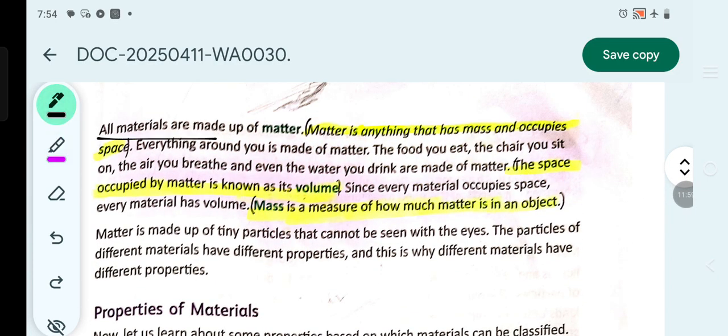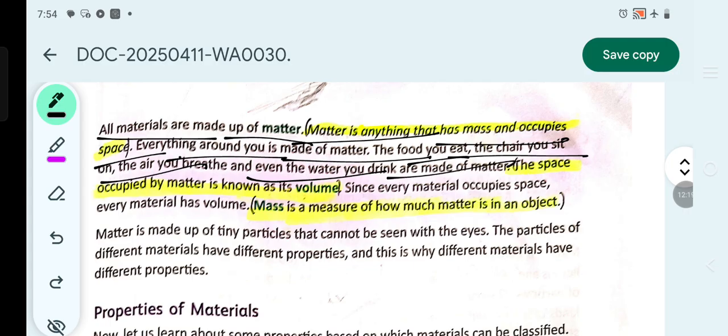All materials are made up of matter. Matter is anything that has mass and occupies space. Everything around you is made up of matter. The food you eat and the chair you sit on, the air you are breathing now, and even the water that you drink, each and everything is made up of matter.